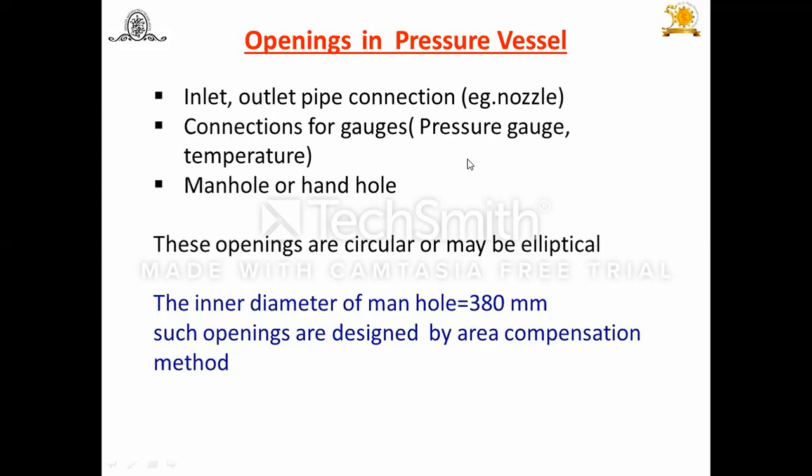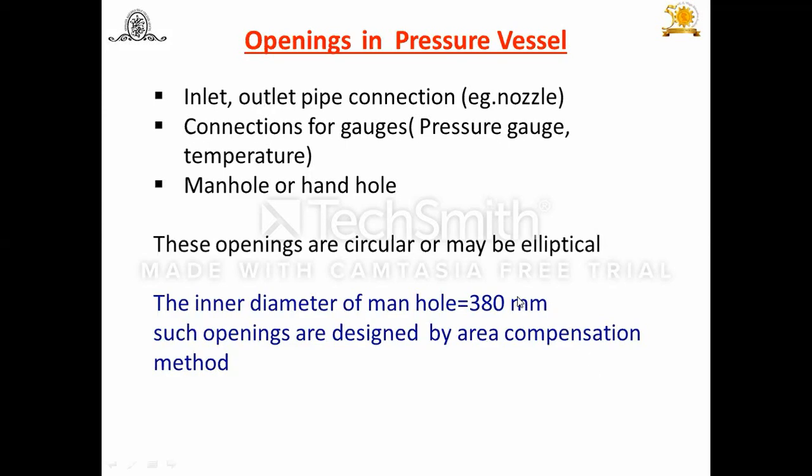In earlier sessions we have seen the design of the pressure vessel shell as well as the end closures, which may have different shapes. If we provide different openings for functionality, some material may be removed from the cylindrical shell. How to compensate for that removed material?